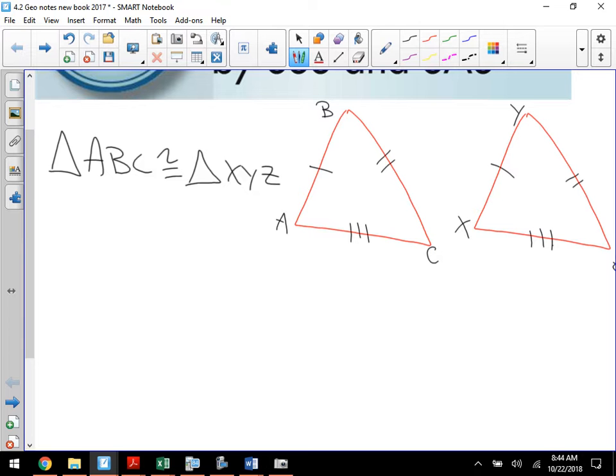Notice how the lettering matches. Segment AB matches to XY, BC to YZ, CA to ZX. That's why we always talk about correspondence of letters. Those letterings match up. Those tick marks match with the letters. We know that these 2 triangles are congruent because of what's called side, side, side.